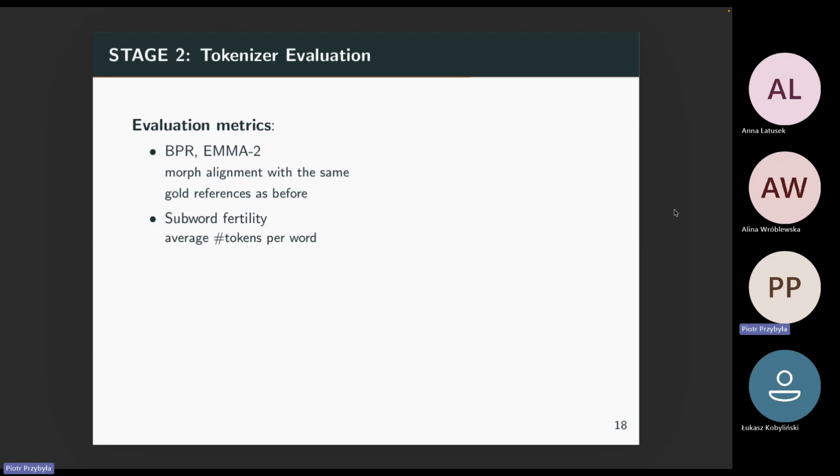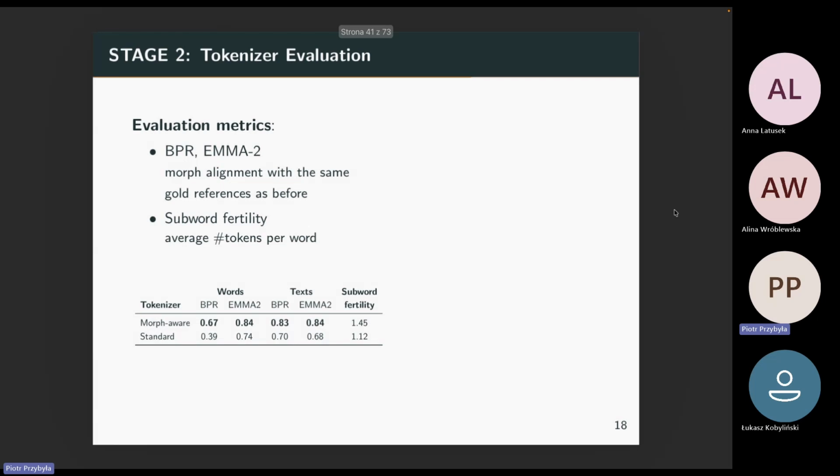But if you ask the BPE to respect morphological boundaries, it will split it into 2, right? So we don't want too much of it, but it's inevitable that you will get more. So if we compare the morphology-aware tokenizer with the standard tokenizer, the fertility jumps from 1.12 to 1.45. So it's not too much, but unfortunately there is a price to pay.